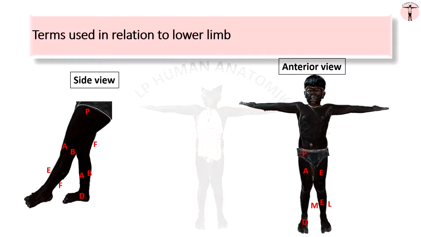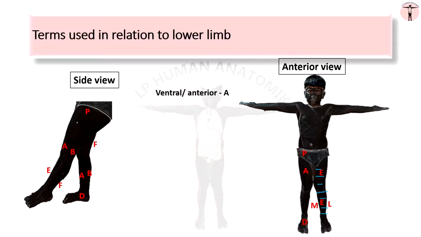So here in the anterior view, the part which is visible in this picture to us is the anterior part, or the ventral part of the lower limb. Now, the posterior aspect in this anterior view is not seen, okay. This is behind. We have to see from the posterior view of the body.